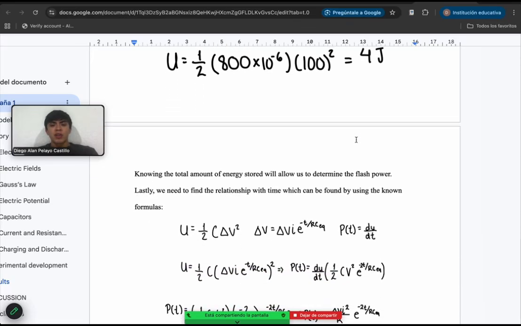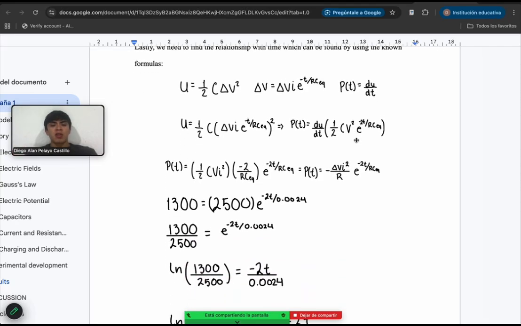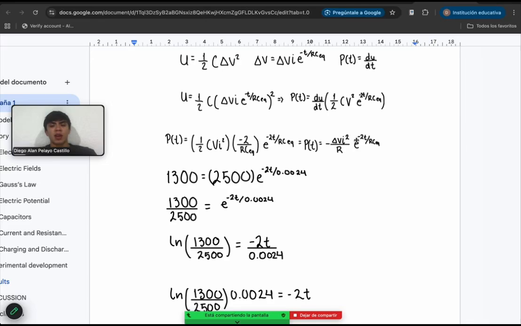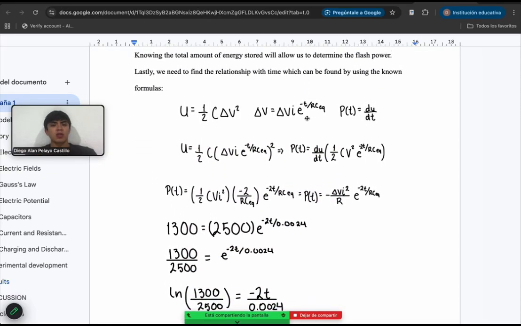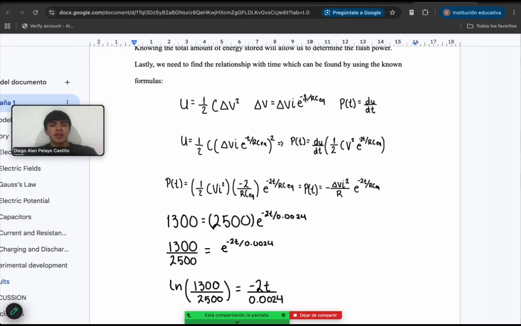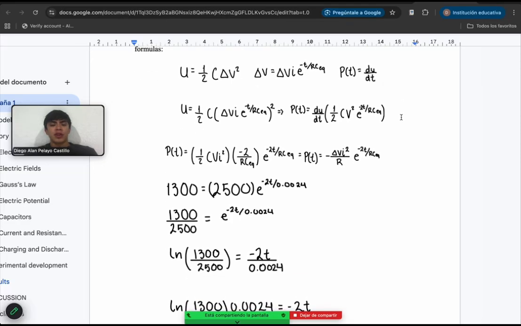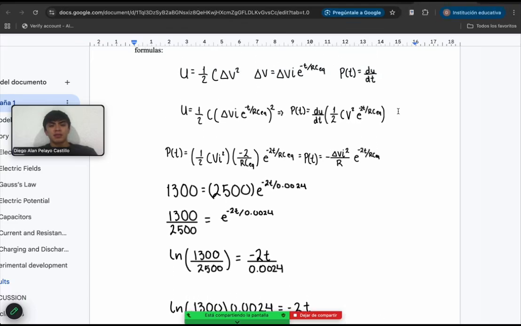Knowing this, we only need to find the relationship with time, so we can know how much time we could decrease with this data, to reach the goal of the challenge, which was basically to create the flashlight, minimizing the time, the delay.